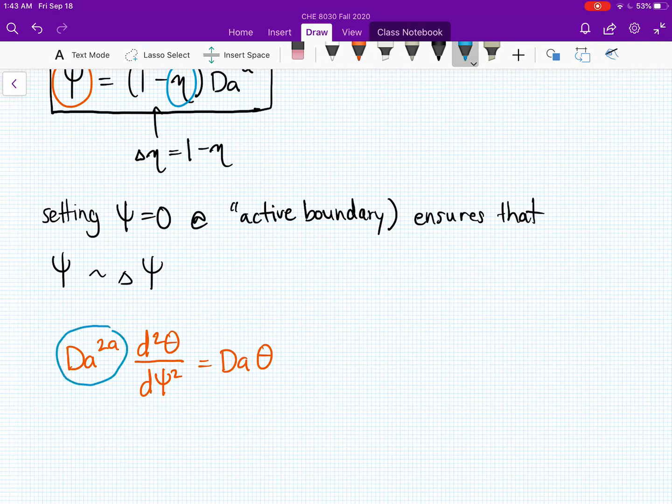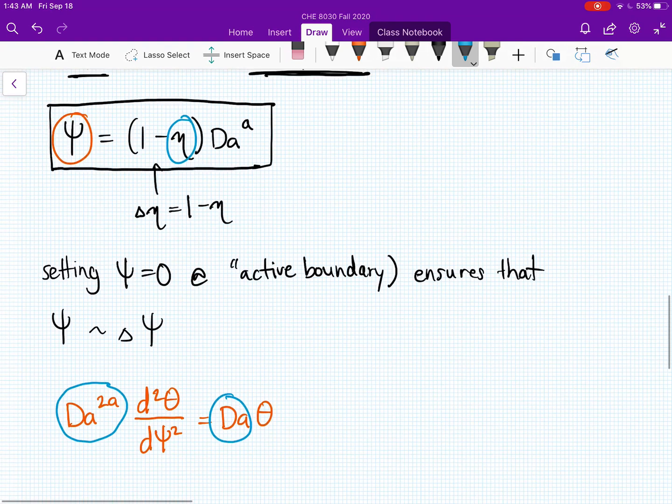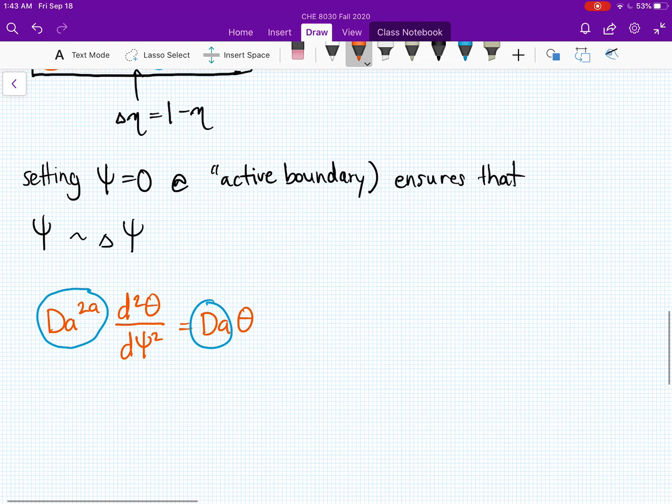So we would like to remove these two terms from our differential equation. This a here is some arbitrary constant, so we can set it equal to whatever we would like. If our goal is to remove the Damköhler number from this equation, the only solution to that would be to set a equal to 1/2.